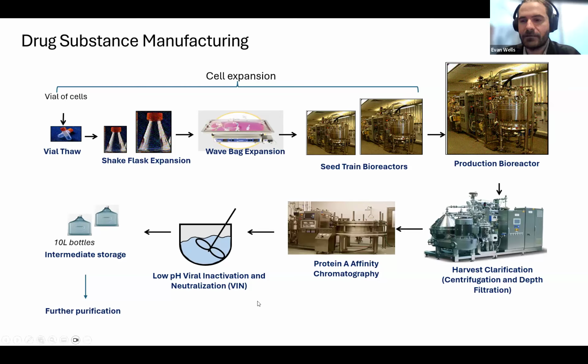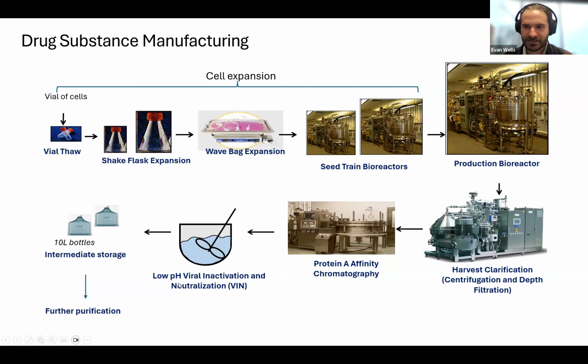We use that bound to basically a sugar bead to purify these antibodies to up to 99% purity in one pass. It's this very unassuming, very large looking stainless steel bed that we pump the media through, and it binds to that resin. And after that, we can release it all purified.